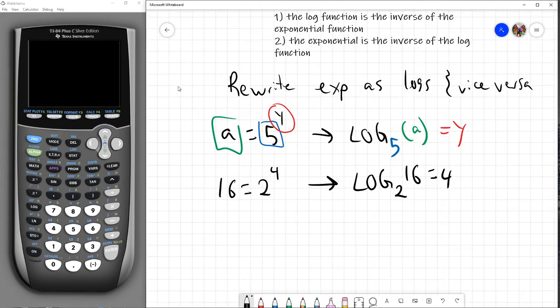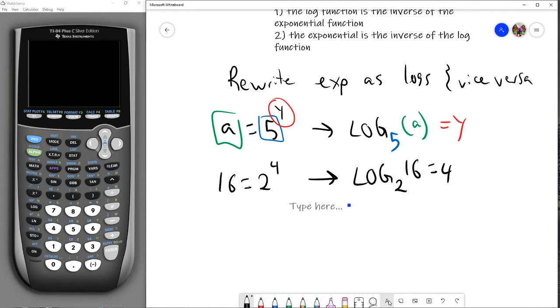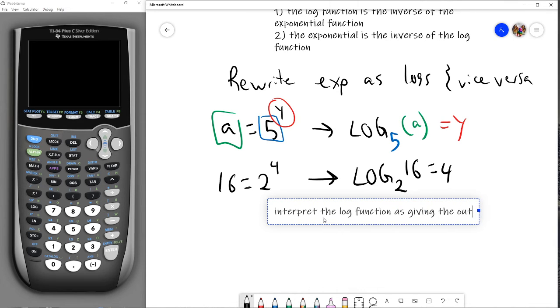Now, one way we want to interpret the logarithm function is we want to interpret the log function as giving the output as an exponent needed to raise the base by in order to obtain the input.